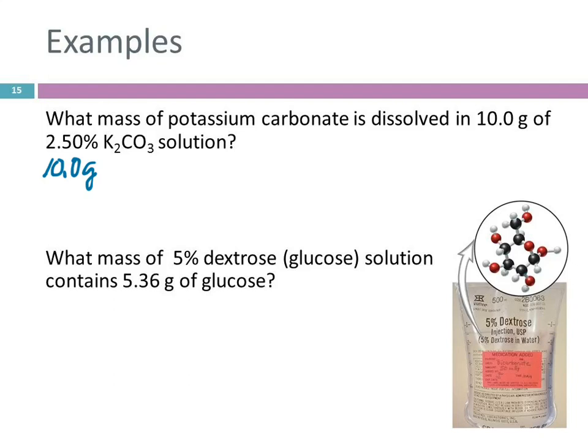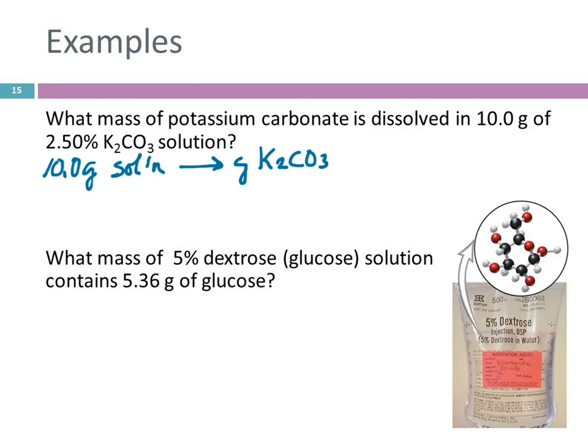Solute, solvent, or solution? It says 10 grams of this percent solution. So it's the solution. And what are they wanting us to find? Mass of potassium carbonate. That's this guy. So we want to go to mass grams of potassium carbonate.